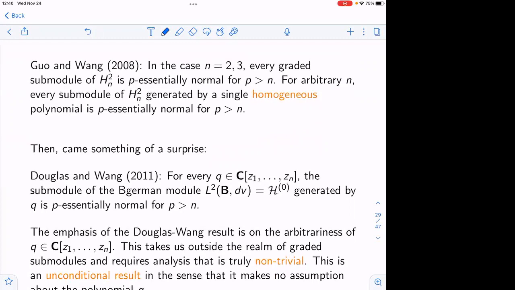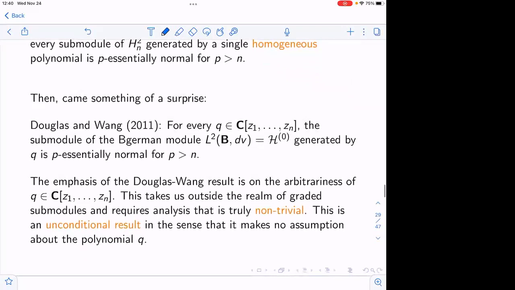In the case n equals 2 and 3, they proved that every graded submodule of H^2_n is p-essentially normal for p greater than n. For arbitrary n, every submodule generated by a single homogeneous polynomial is p-essentially normal for p greater than n.